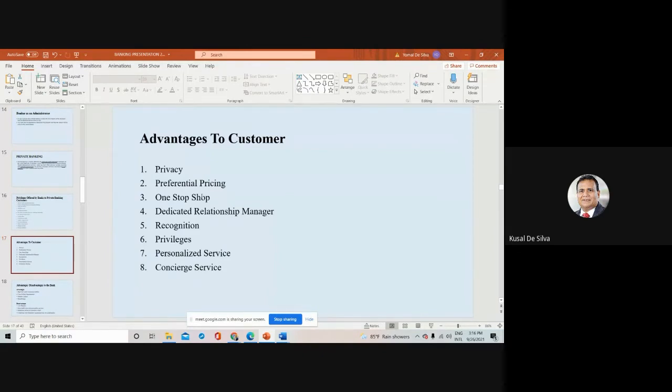Then they get personalized service through the dedicated relationship manager, and they are sometimes only one call away. Then also the concierge service.